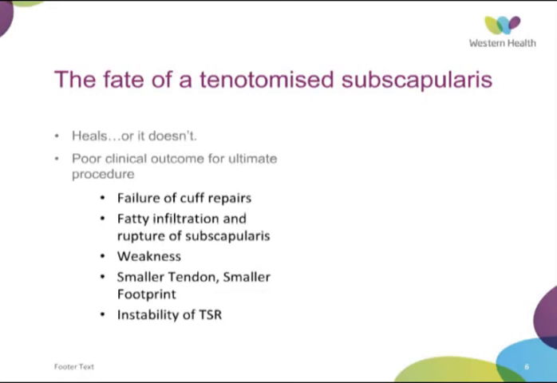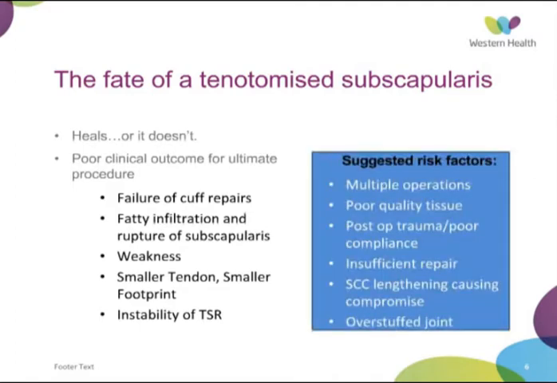Subscap failure has been attributed to the failure of rotator cuff repairs, fatty infiltration and rupture of subscapularis itself, patient weakness, consequently smaller tendon and smaller insertion footprint, and instability of total shoulder replacements.